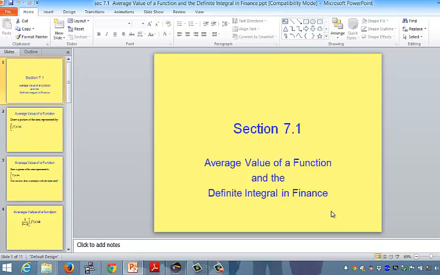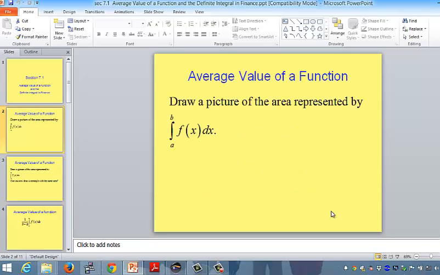Well, I have an exercise for you to kind of get you started. Could you guys please draw a picture of the area represented by, well, I guess the only way we can do this is if you make up a function f of x. All right, so try it. Draw a little axis and draw some continuous function from, well, here's what I'm going to do. I'll show you my picture.